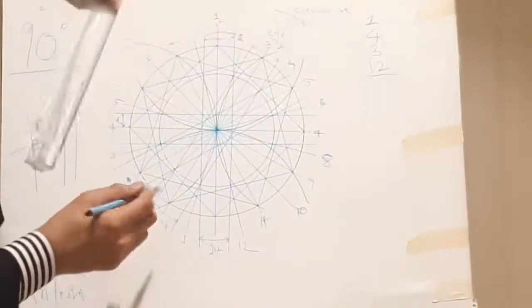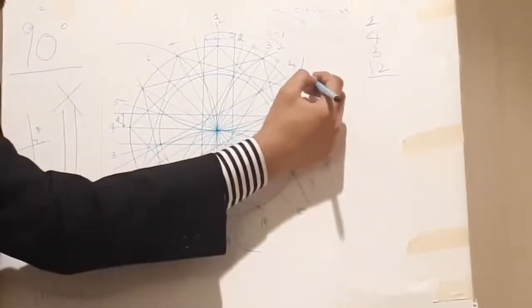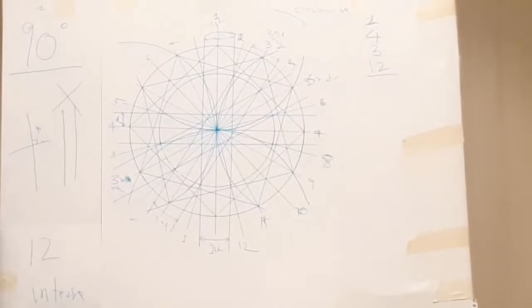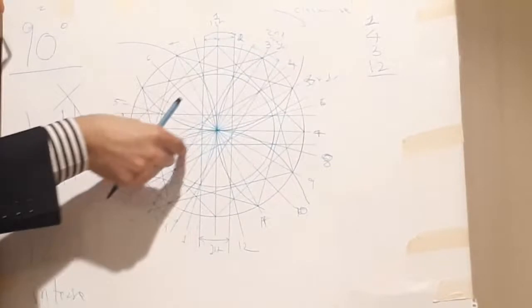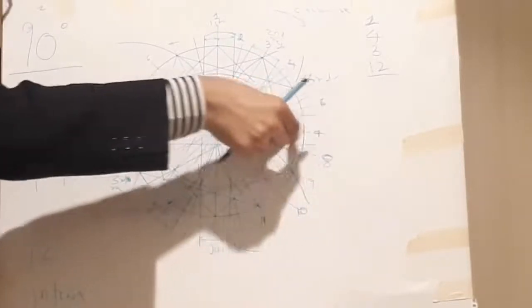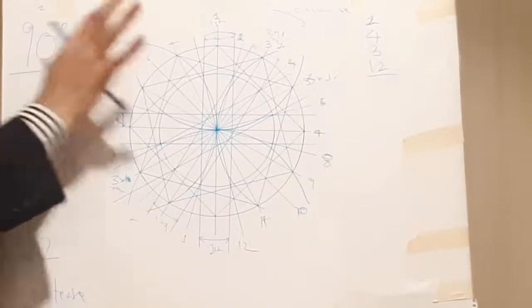So this will be my third region. So as you can see clearly, the second set of parallel line, the third set of parallel line, and the fourth set of parallel line. Things are not difficult here.